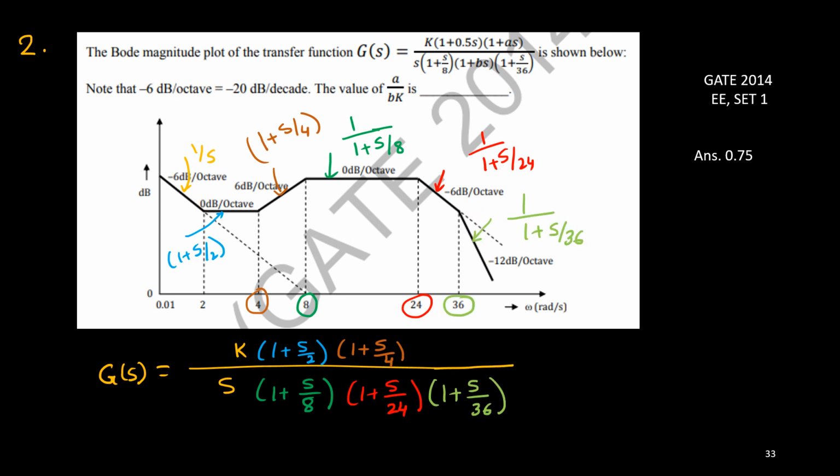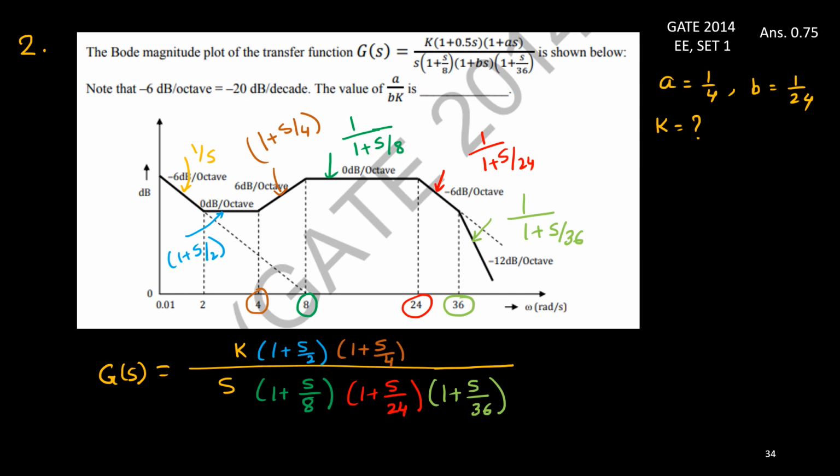Now the last one, there's one more corner point 36, so another decrement of 6 dB, so there is one more pole, so it will be 1 plus s upon 36. So now easily we have got a and b. A is 1 upon 4 and b is 1 upon 24, right?